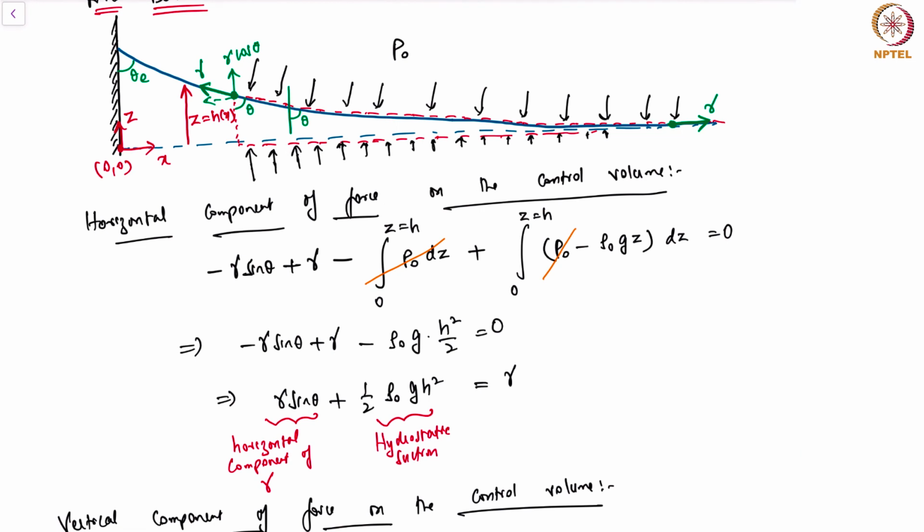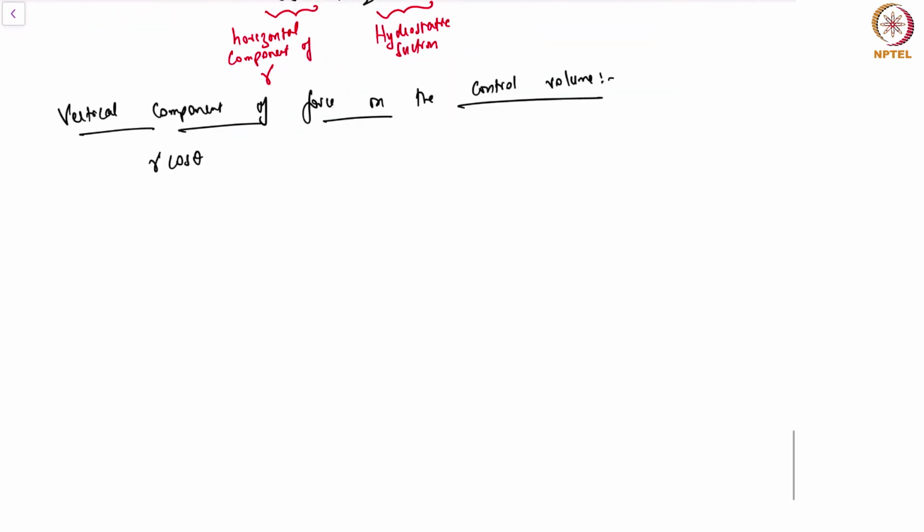So I have to do an integration from x to infinity, because we are at some arbitrary x from the left wall. Note that the pressure is pointing downwards, so the net pressure would be negative. So P naught dx, going from x to infinity.